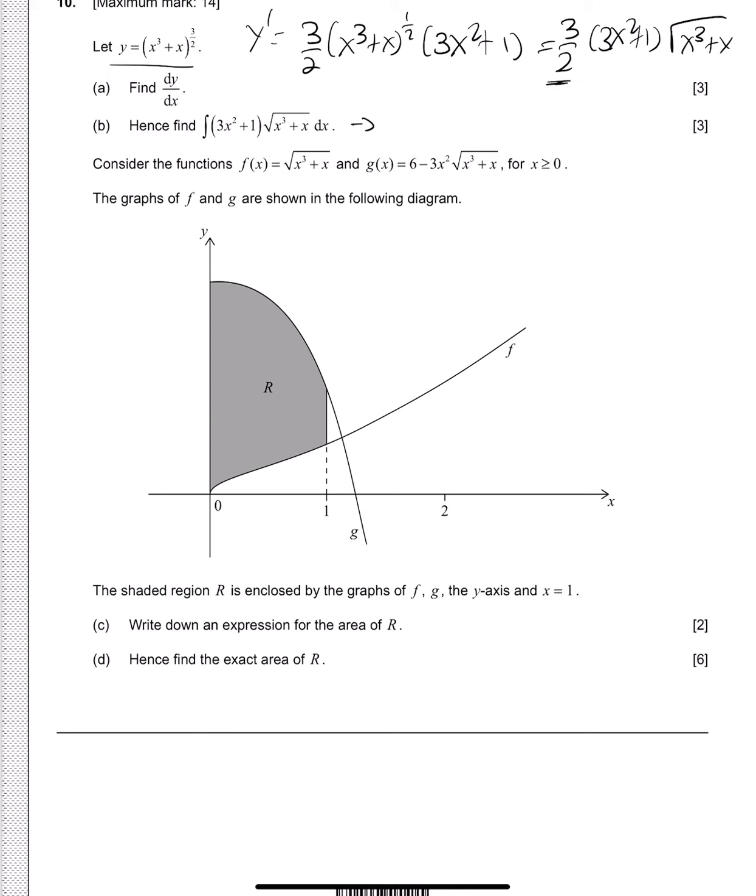And the way that would happen is if we multiplied everything, our original function, by 2/3. So if this was our original function, then our derivative would look exactly like this. Which, in other words, if this is the derivative, then this will be the original function or the original antiderivative, which is what we're looking for.